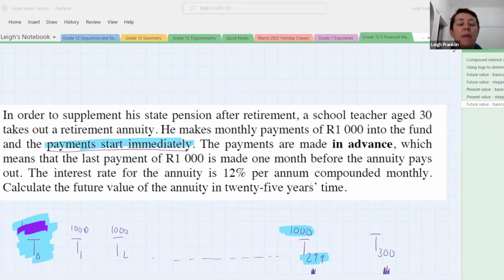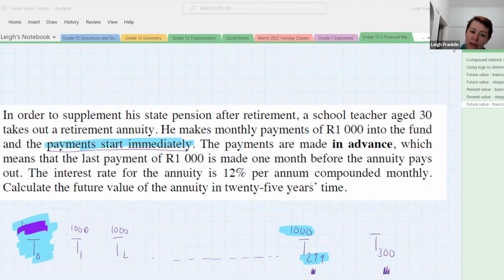When we read that the payments start immediately, that's telling us that there is a payment at T0. Because the payments are made in advance, they're made at the beginning of the month. That means that at T299, there have been 300 payments that have taken place because we're starting to count at T0 and not at 1.